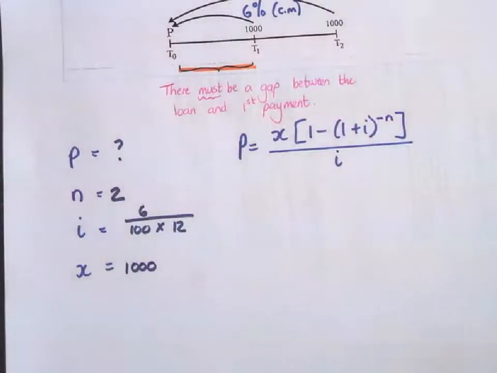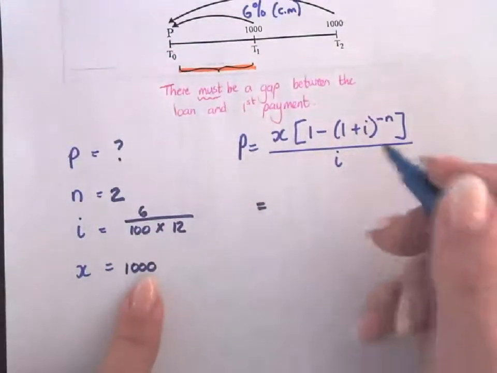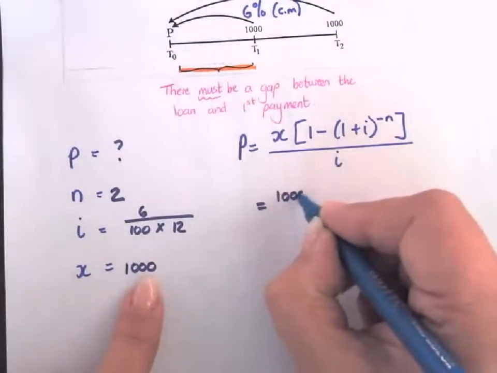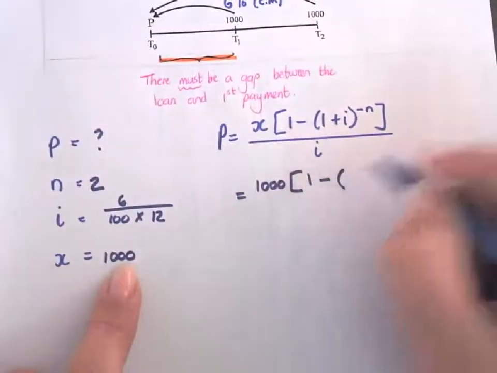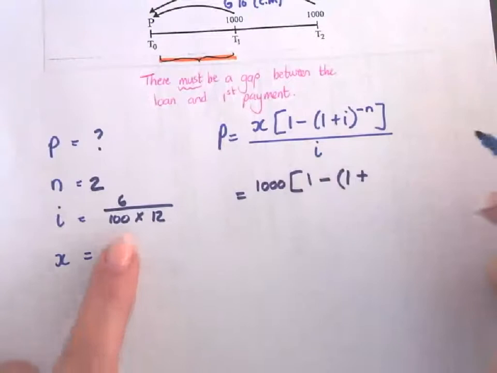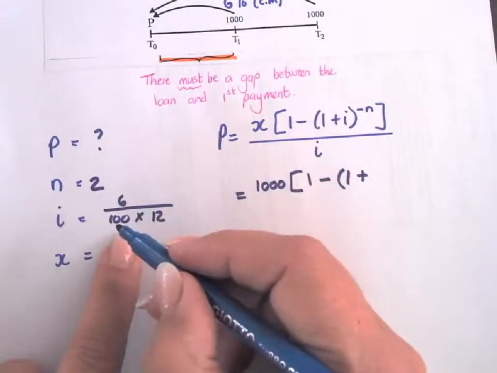N is how many payments are there? 2. So we substitute our values. X is 1,000, block bracket, 1 minus bracket 1 plus I. 6 over 100 is 0,06.